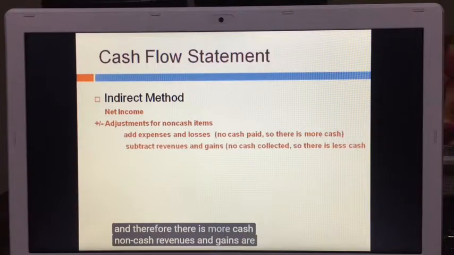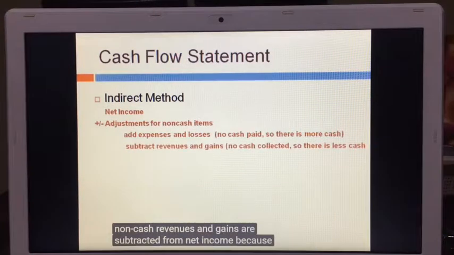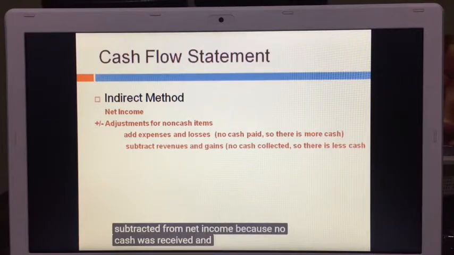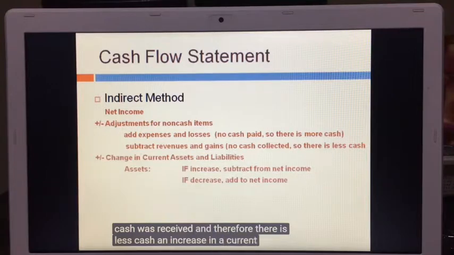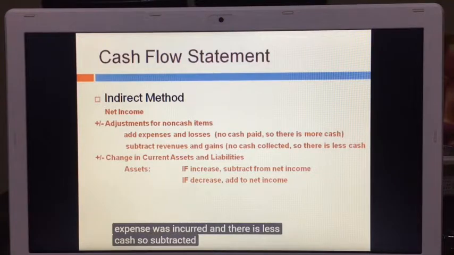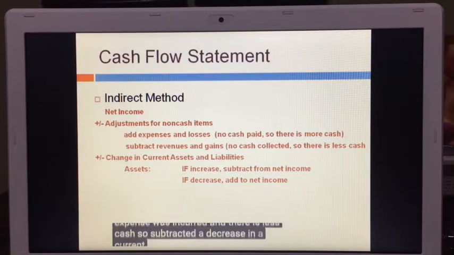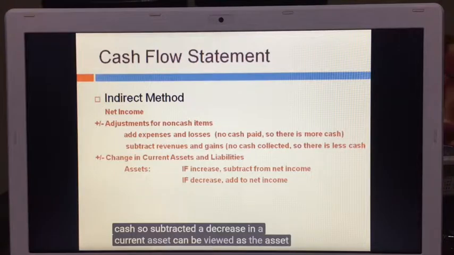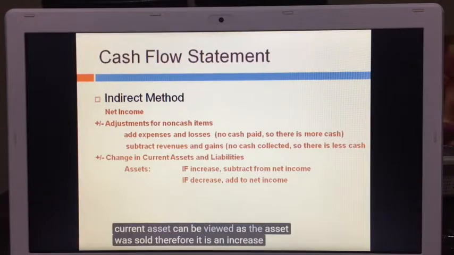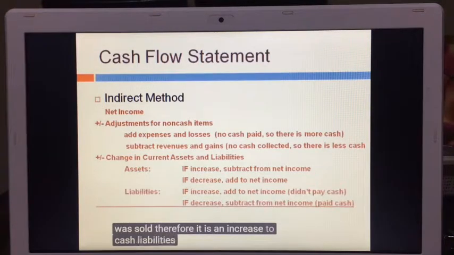Non-cash revenues and gains are subtracted from net income because no cash was received, and therefore there is less cash. An increase in a current asset indicates cash was paid before the expense was incurred. There is less cash, so it is subtracted. A decrease in a current asset can be viewed as the asset was sold, therefore it is an increase to cash.